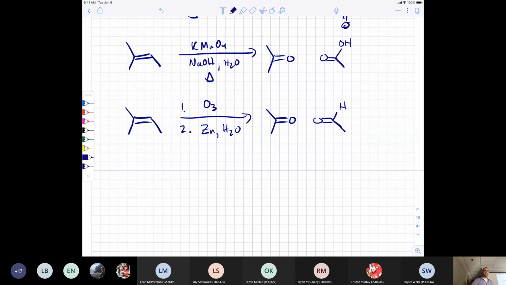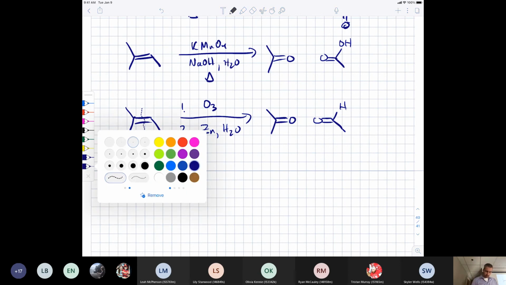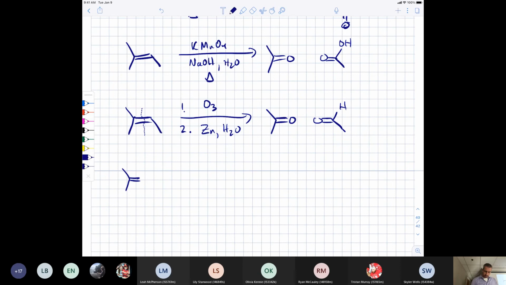So with ozone, it's simpler to pick the product because ozone always does the same thing. What you do is you cut the bond, separate it apart, cap them with oxygens, and you're done.